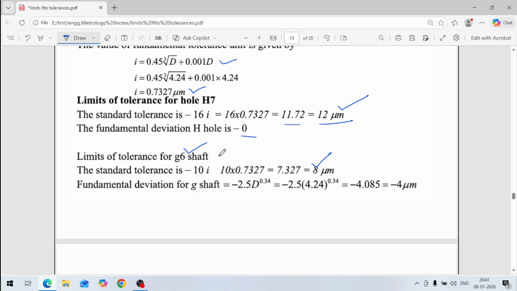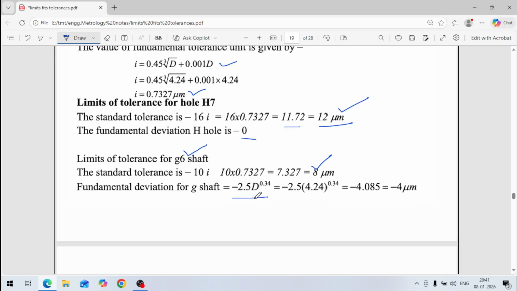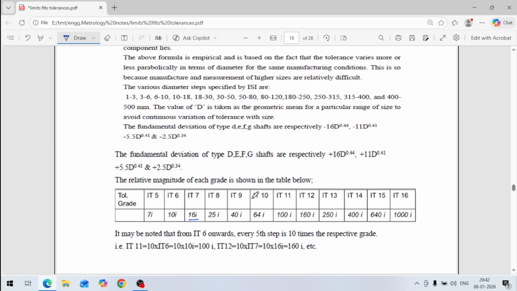But the fundamental deviation for G shaft is minus 2.5 into D power 0.34. If you see here, it is given here. These are the fundamental deviations for shaft D, E, F, G. For G it is minus 2.5 into D power 0.34.